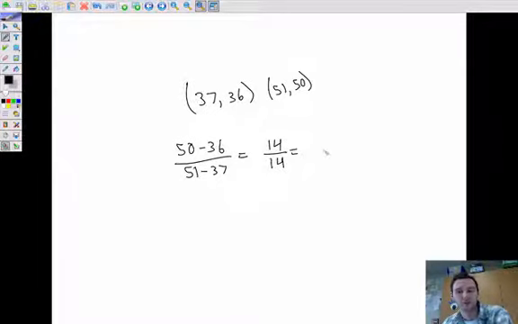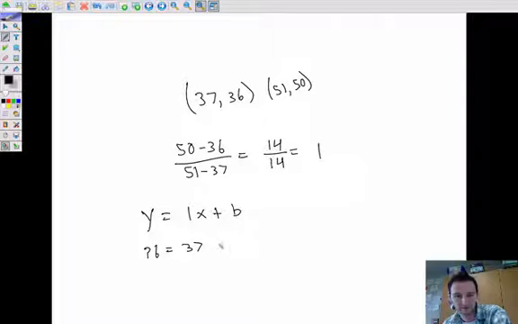And in this case, it worked out pretty well because our slope is just going to be 1. So we know this is y equals 1x plus b. I'm going to substitute in a value here. I'm going to substitute in a 37 and a 36. And so b must be -1.